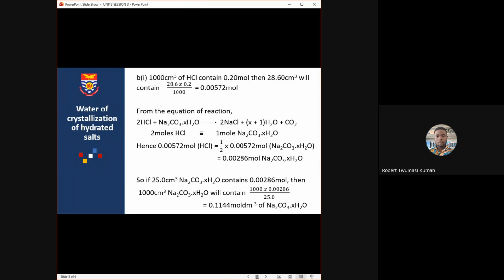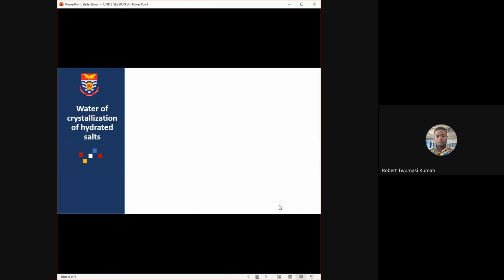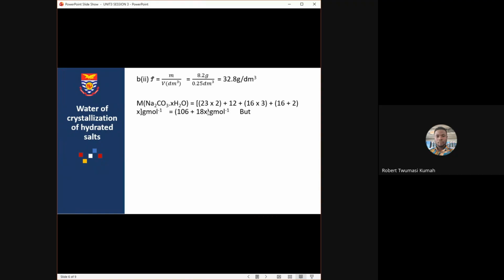We make it the subject and we'll get its value. So we find the mass concentration. That gives us 32.8 grams. And then we try to find the molar mass using the relative atomic masses. So when we do that, then X is going to stand alone.